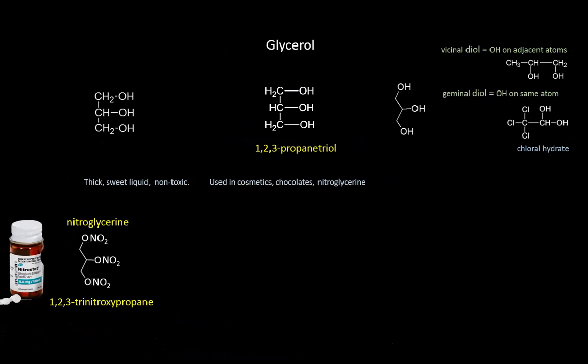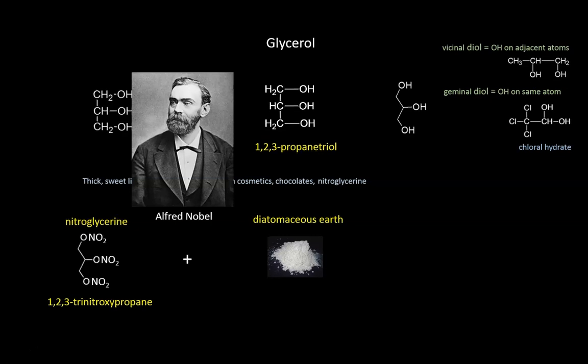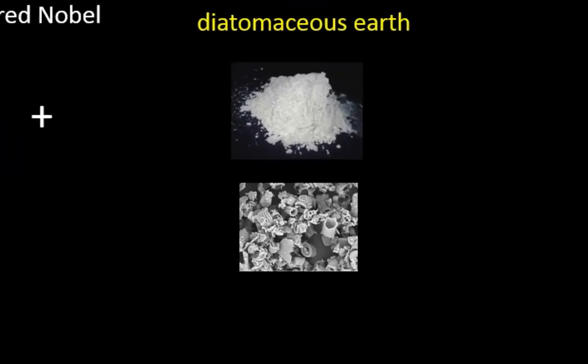In the middle 1800s, a Swedish chemist and engineer named Alfred Nobel discovered how nitroglycerin could be made safer to handle and transport by absorbing it into diatomaceous earth. This close-up shows it is made from the remains of tiny marine organisms that died long ago, and is mostly silica, the same component found in sand.